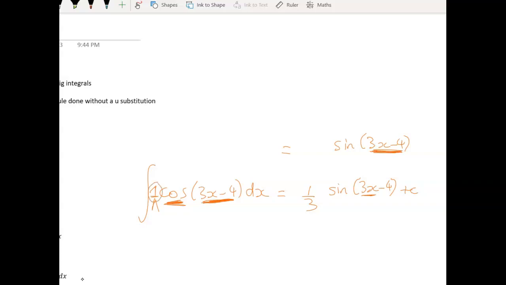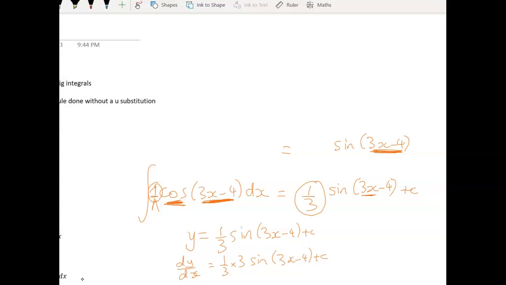But I don't want 3 times cos of 3x minus 4, I just want 1. So that's why I'm going to divide out the 3. And we can check that just for this first one by differentiating this function here. So if I start with my answer, I'll get dy by dx is equal to 1/3 times 3 cos of 3x minus 4 plus c.